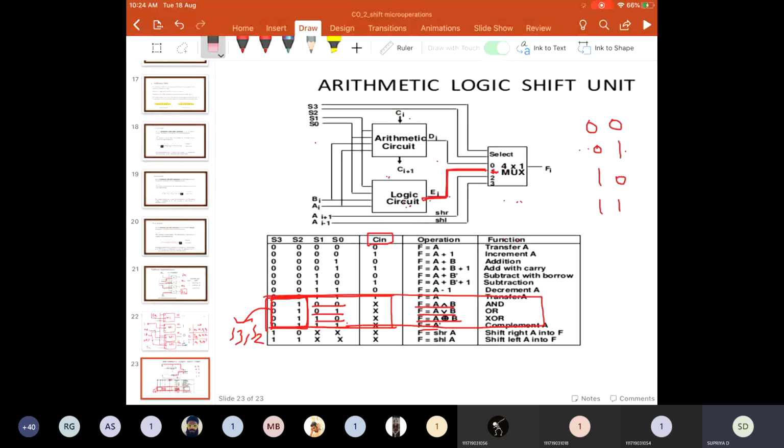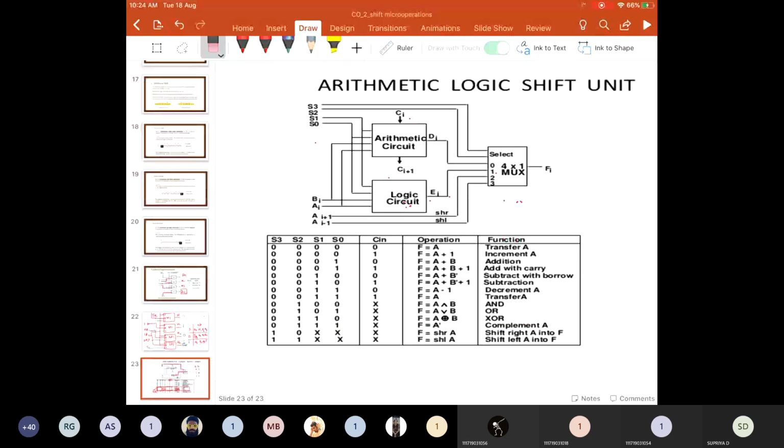Now we have two other data inputs that can be given to this multiplexer. This 2 we are directly connecting to A(i+1), which is nothing but moving one position down, the shift right operation, and you will get the output after performing the shift right. And the data select line 3 is connected to A(i-1).